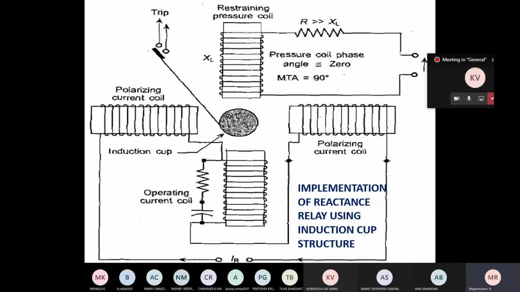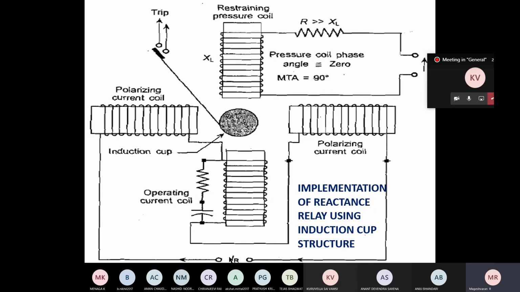So you can see the operating coil, which is the current coil. And the other part should be the directional unit. So these are all directional unit only, right? The restraining coil or pressure coil, so the voltage will be applied here.